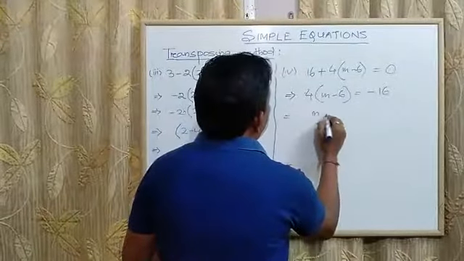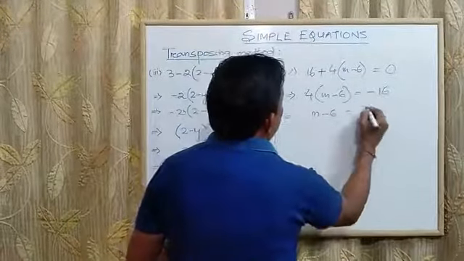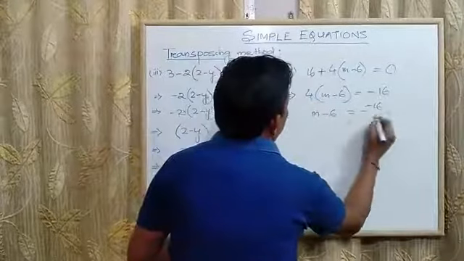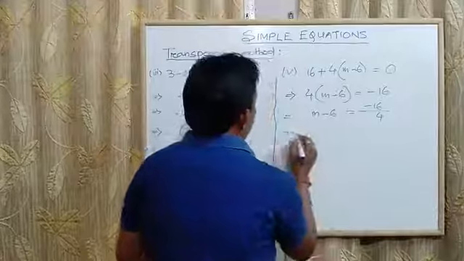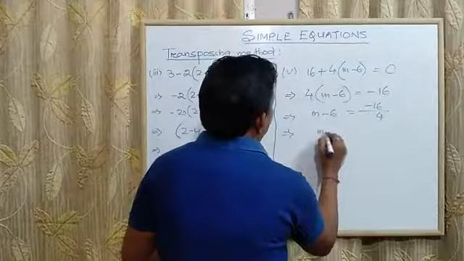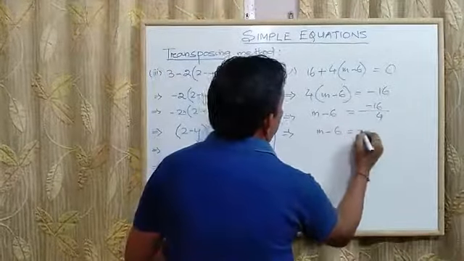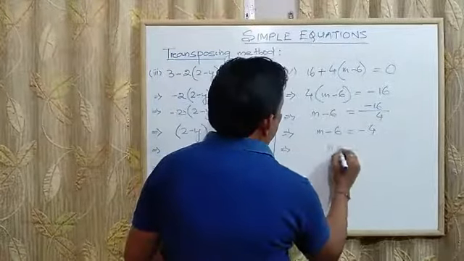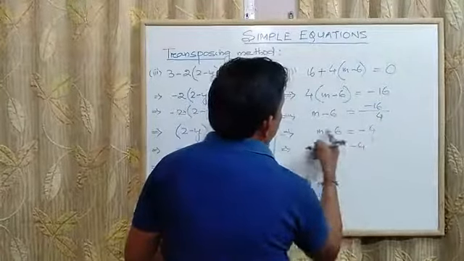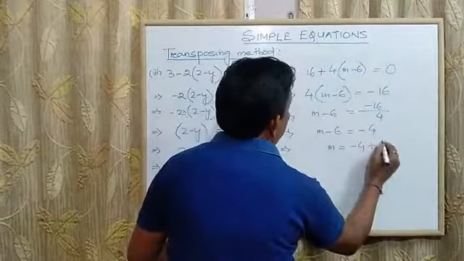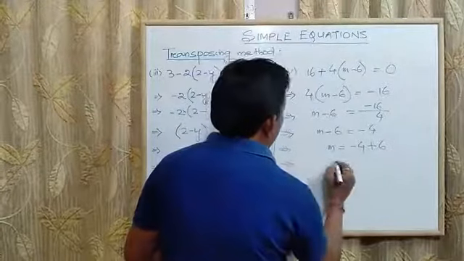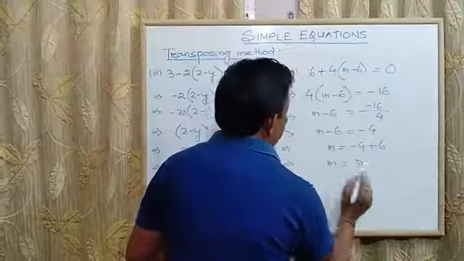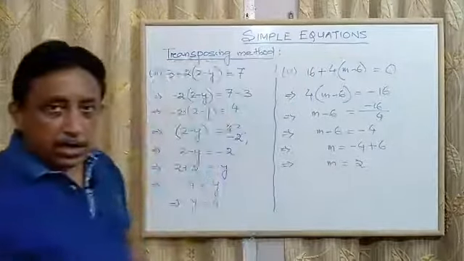So 4m minus 6 equals minus 16. It is multiplication, so 4 will go to the denominator. So m minus 6 is equal to minus 4, so m equals minus 4, minus 6 goes to that side, it becomes plus 6, so m equals minus 4 plus 6 is plus 2. I hope this is clear to you.